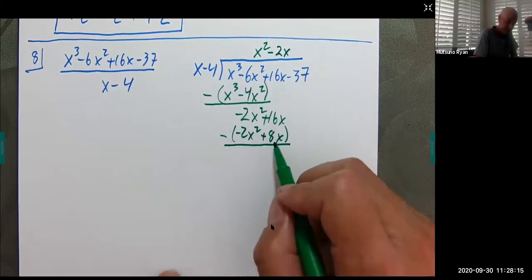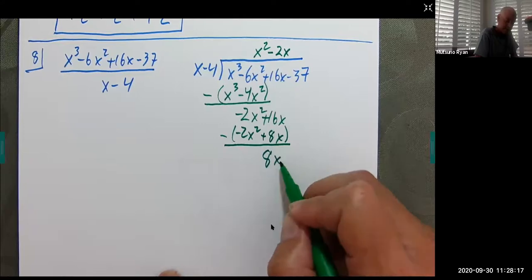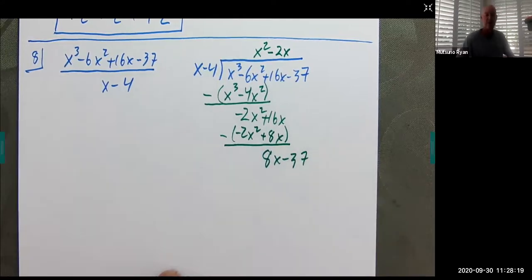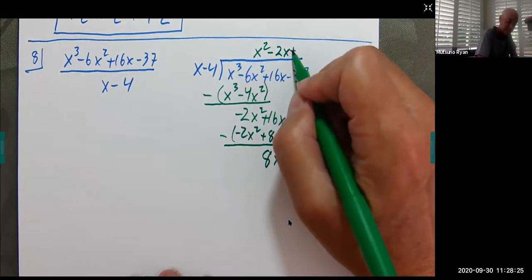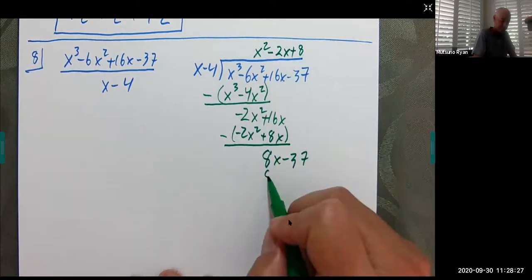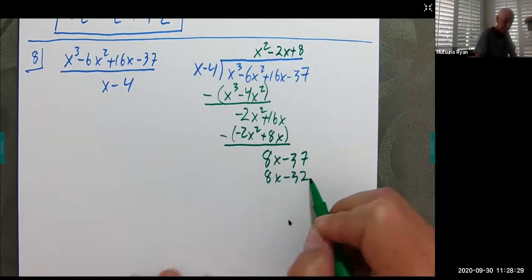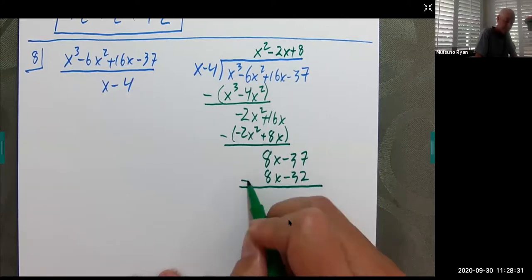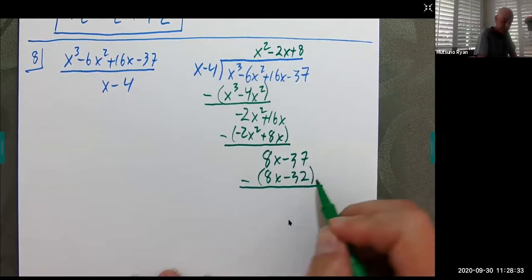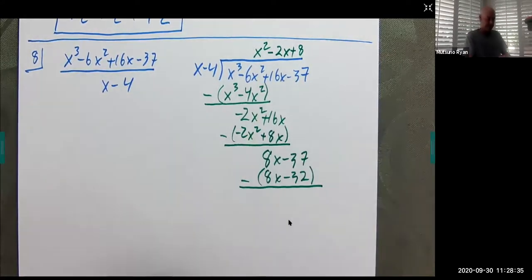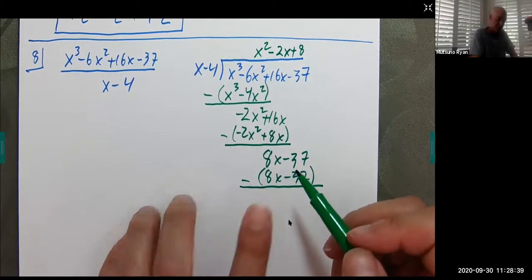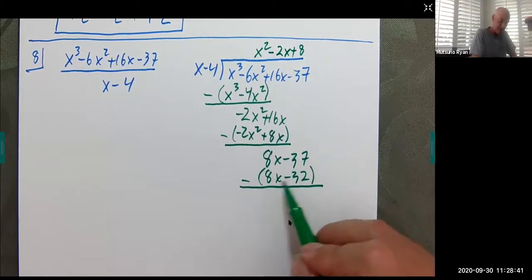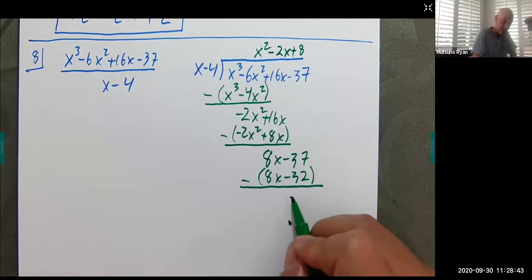16x minus 8x, 8x. Let's do this one more time. I need something times x to give me 8x, that's going to be a positive 8. Remember to just add 8 to both. 8x minus 8x, again, I get a 0 there. Negative 37 minus minus, that becomes plus 32, that gives me a negative 5.